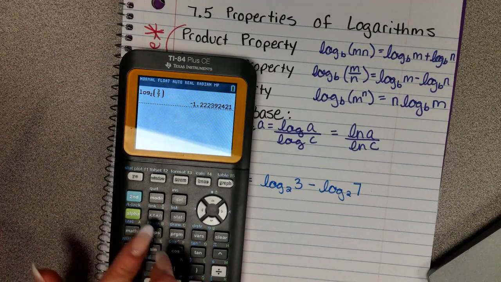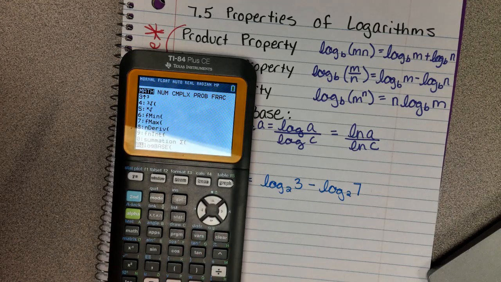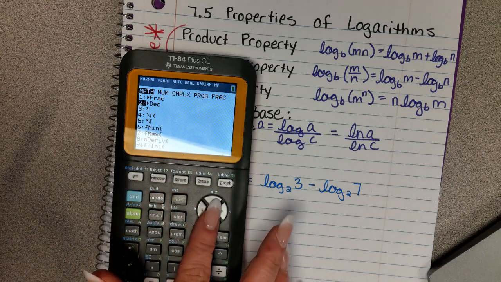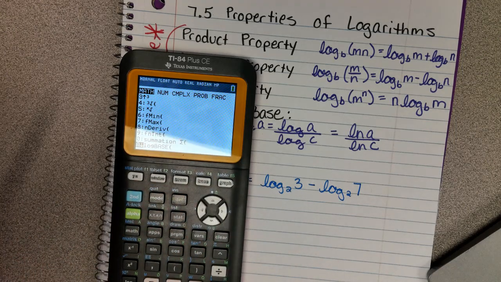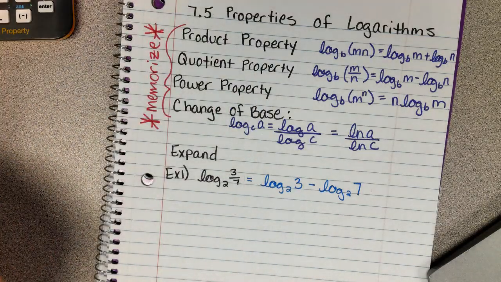If I put in log base 2 of 3 minus log base 2 of 7, I get the same irrational number. So these two things are equal to each other.